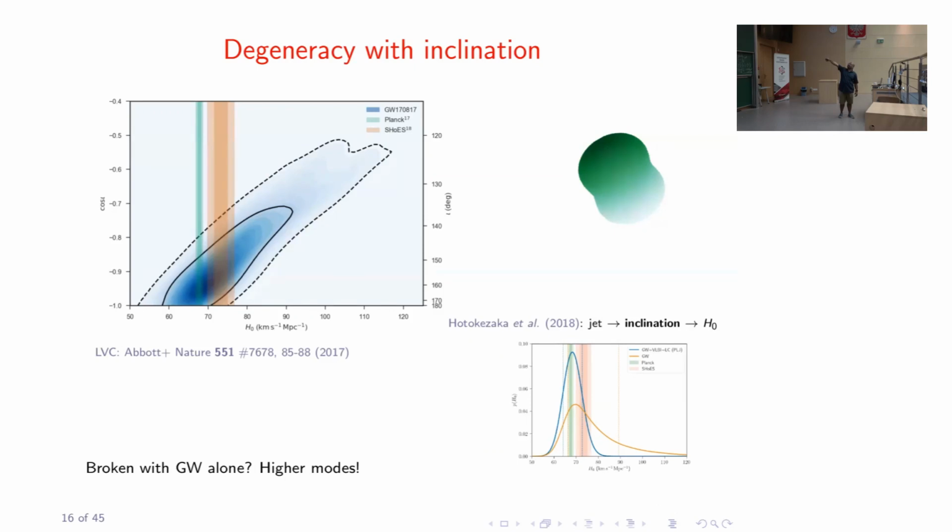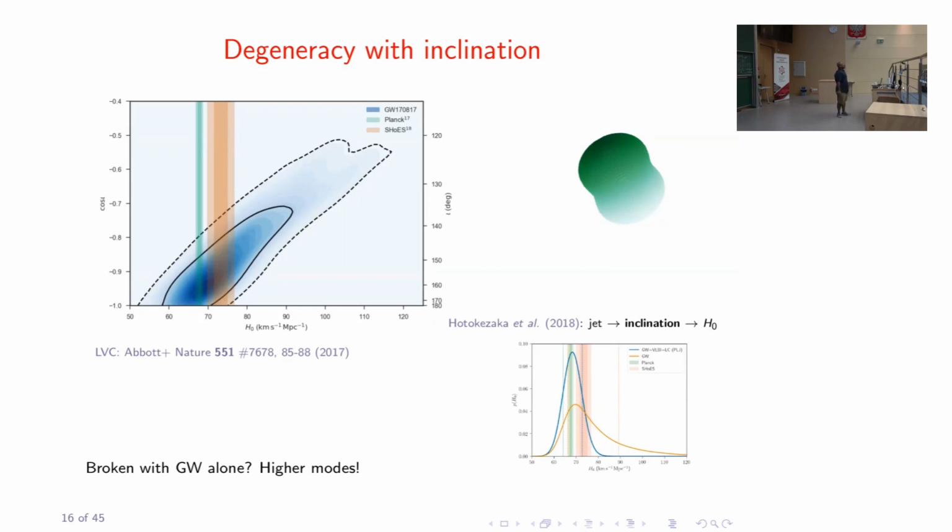What has been done in the previous plot is one took this two-dimensional posterior distribution and kind of squeezed it flat, and one obtained the projection. However, if you do not squeeze it, if you slice it, then you would obtain a much better estimate of the Hubble constant.